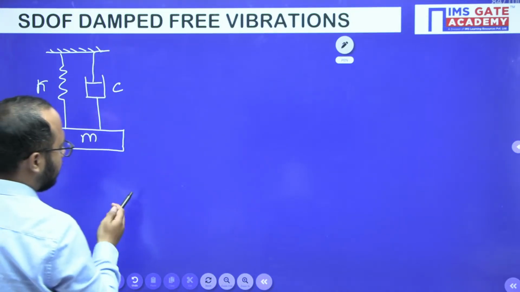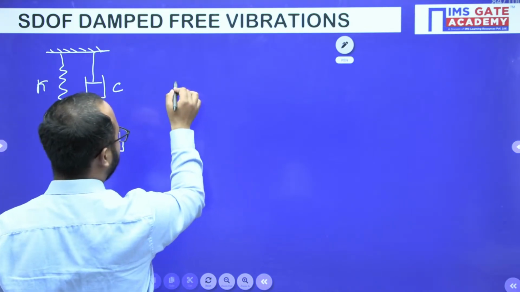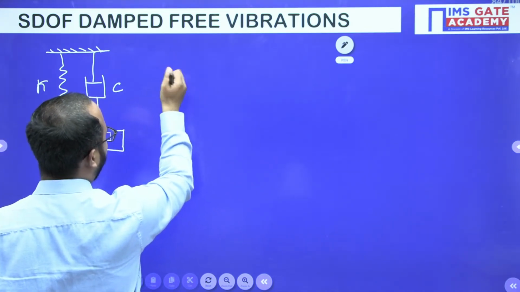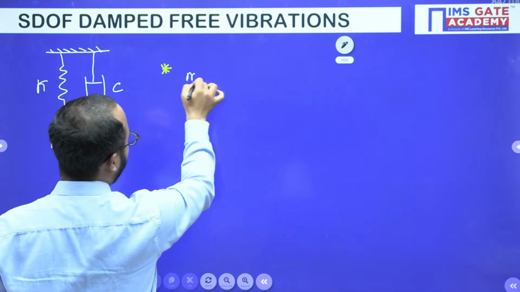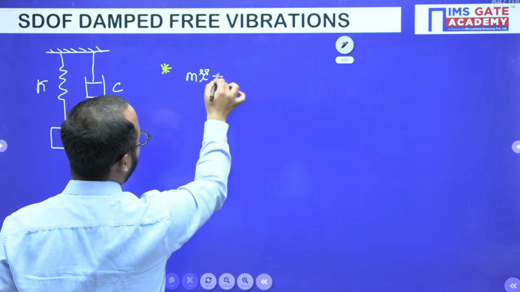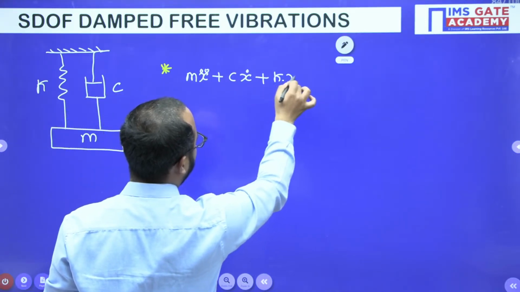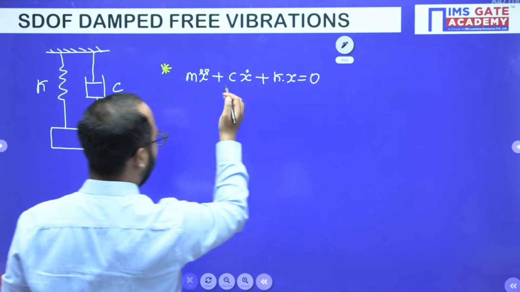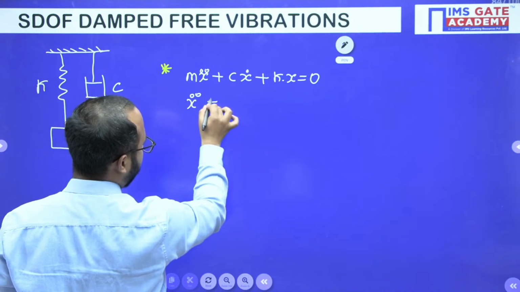Now, very important point, please see, in this case, spring damper system. First of all, you should understand the equation of motion for this case. It is like this: mx double dot plus cx dot plus kx equals 0. And if you want to write it in a new format also, you can write it like this.